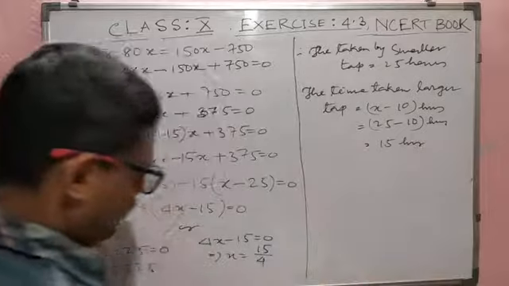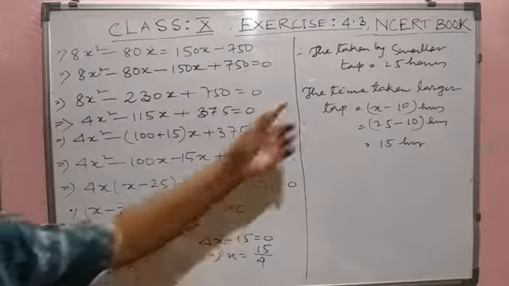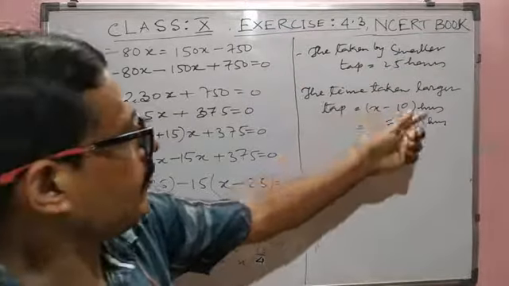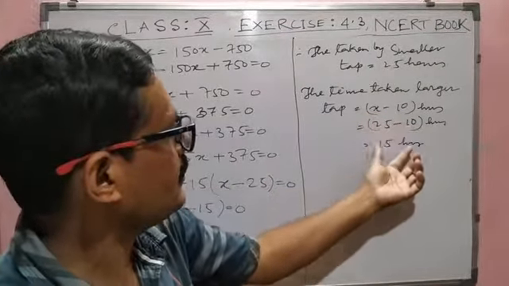So this is the correct answer. Time taken by the smaller tape is 25 because the smaller tape we have taken is x, and the time taken by the larger tape will be x minus 10, that is 15.